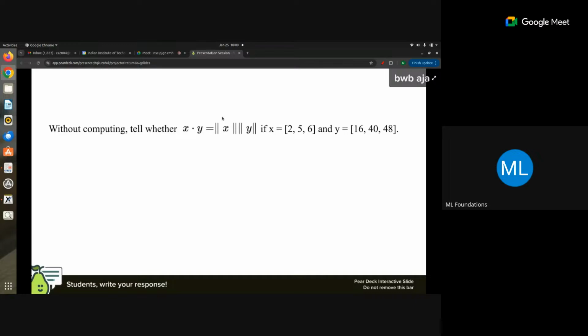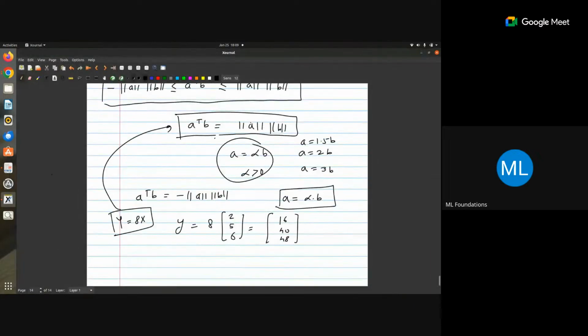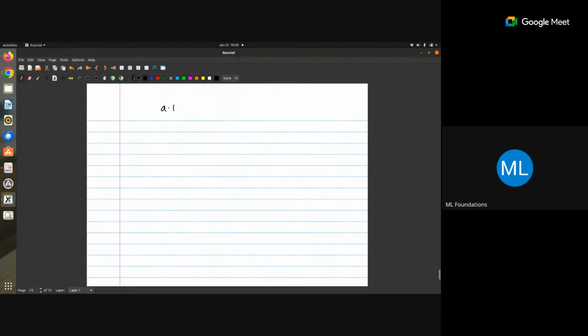Correct? Because what is the dot product between two vectors? A dot B is the product of their lengths times cos theta. If these two vectors A and B are on the same line, then theta is 0 degrees, and cos theta becomes 1.